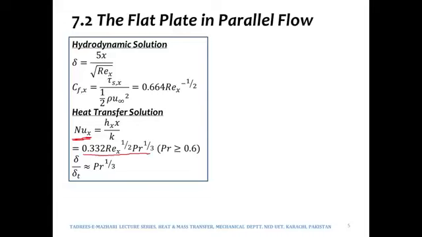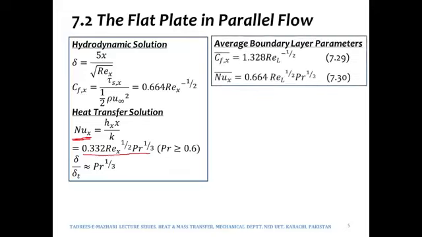Now moving onwards, the average boundary layer parameters, which are equations 7.29 and 7.30 of our book. So when we say average, we have a bar over this parameter C_f, and similarly we have a bar over Nusselt number.